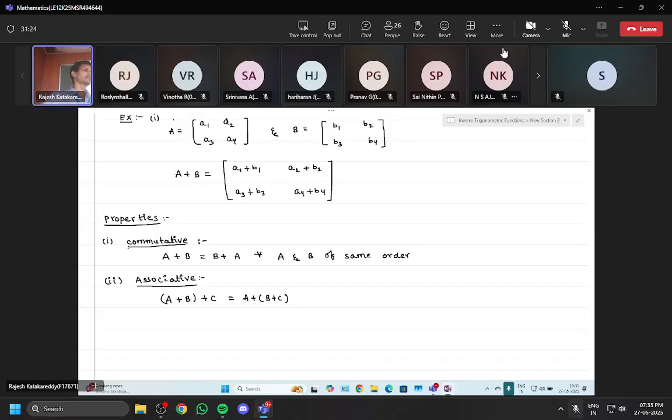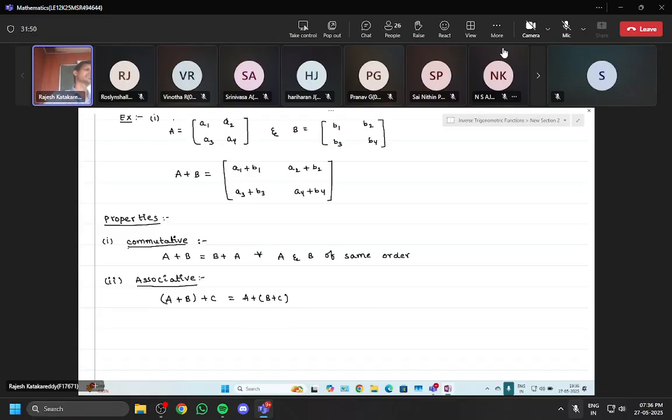What do I mean by identity element? A plus B equals B plus A equals A. Normally for addition, the identity element is 0: A plus 0 equals 0 plus A equals A. In the set of natural numbers, there is no 0, so the identity element does not exist.